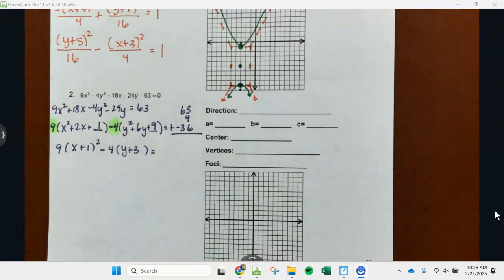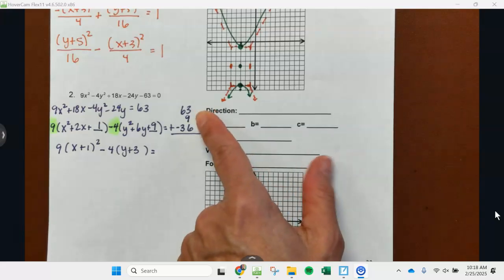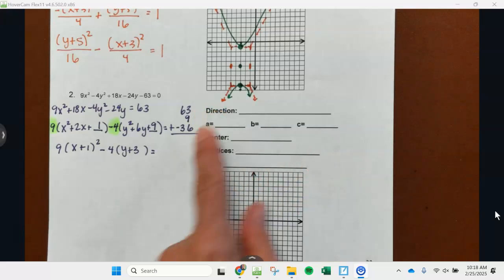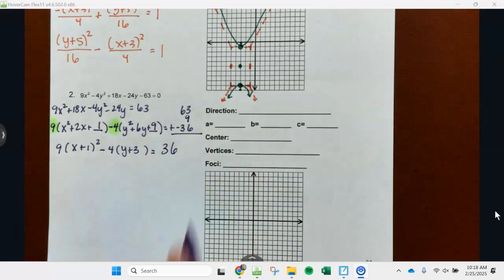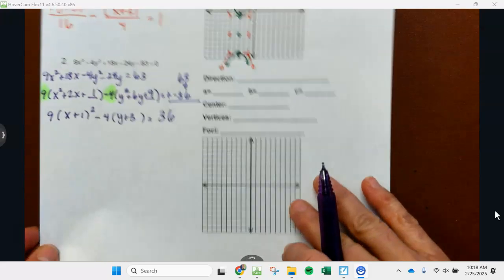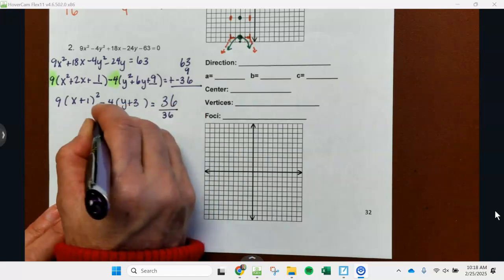All right, here we go. So when we add all these, 63 plus 9 is 72. And 72 minus 36 is 36. So this is going to equal 36. But not for long, because remember, they're supposed to equal 1. So we're going to divide all this stuff by positive 36.